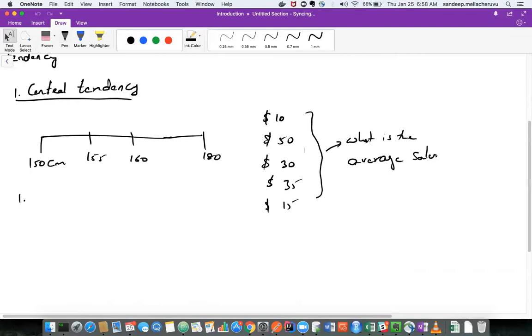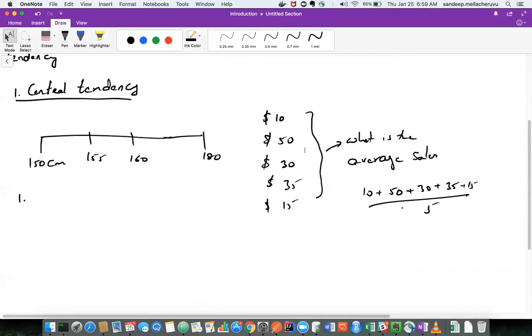You compute and give only one particular item. What do you do? 10 plus 50 plus 30 plus 35 plus 15 by 5. This is what we generally do as an average. Sum of the items by number of items. But why did your manager ask you what is the average sales?